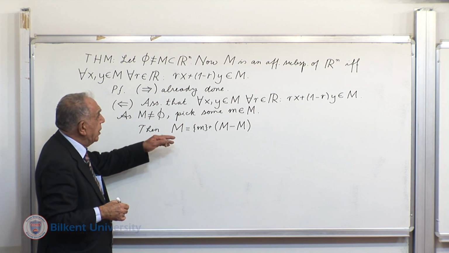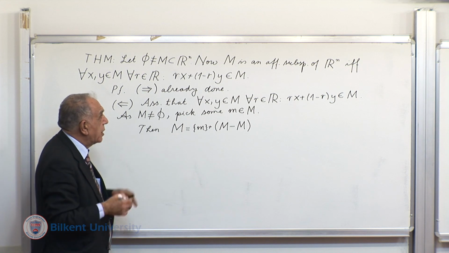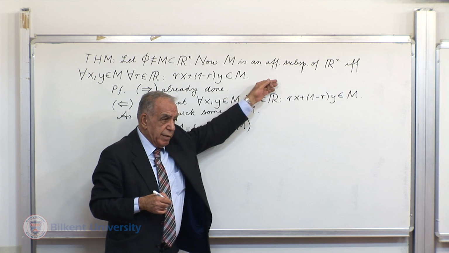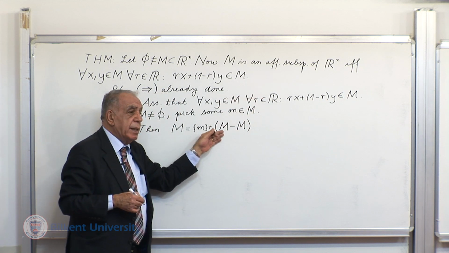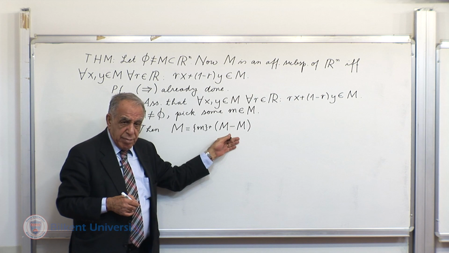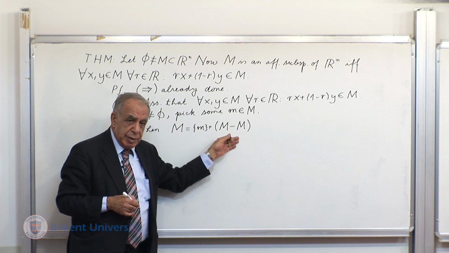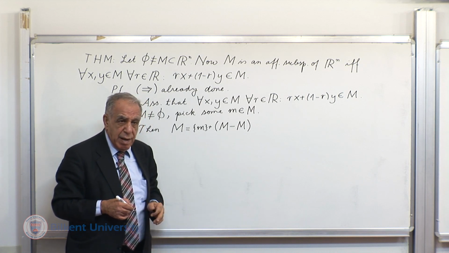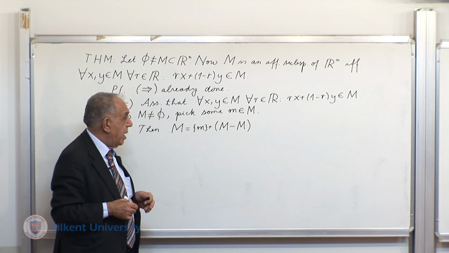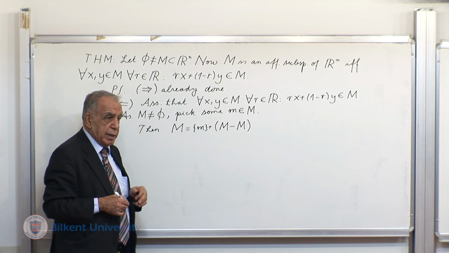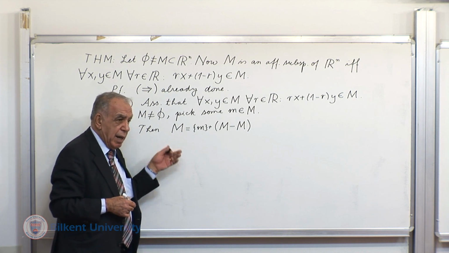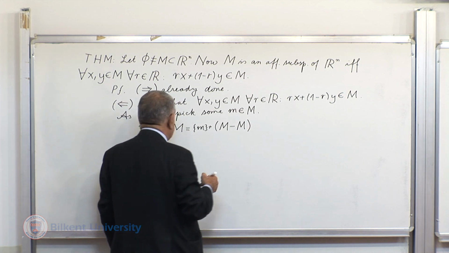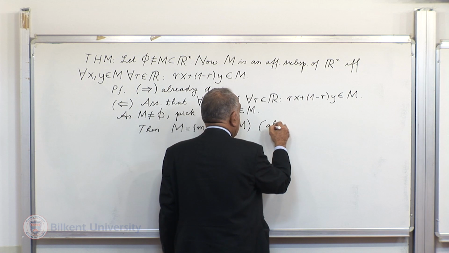But of course, since we are actually trying to show that M is an affine subspace of Rn, we still do not know whether M minus M is a subspace of Rn or not. When we show that M minus M is a subspace of Rn, this equality will yield the result that M is an affine subspace by the definition of an affine subspace.